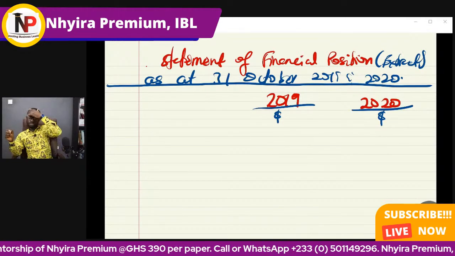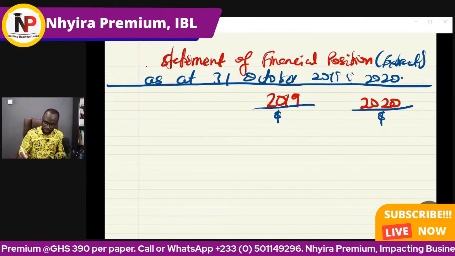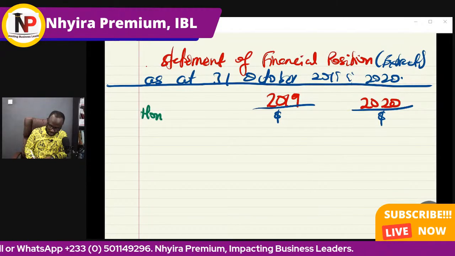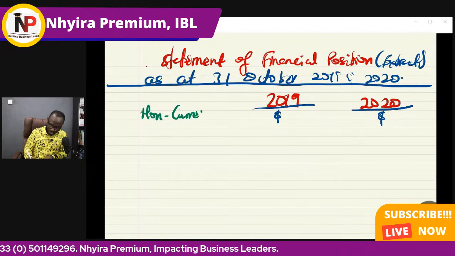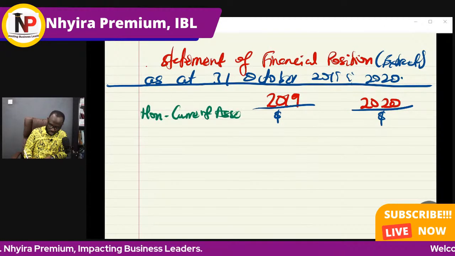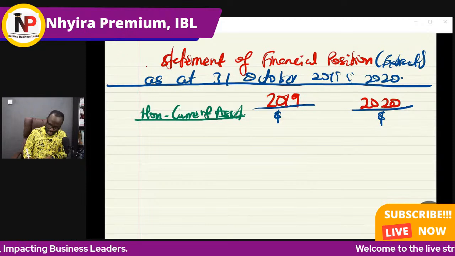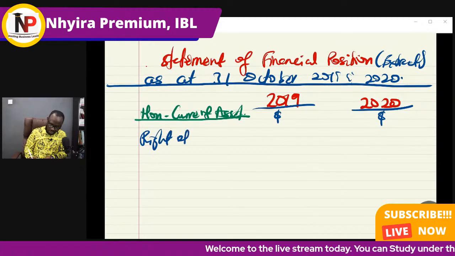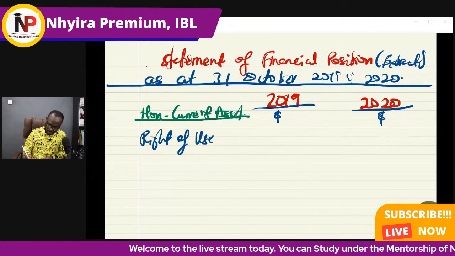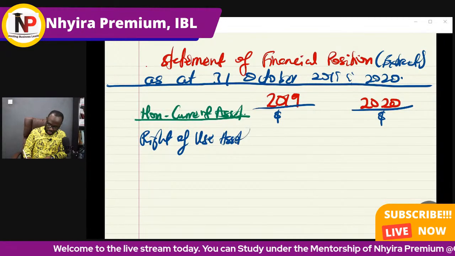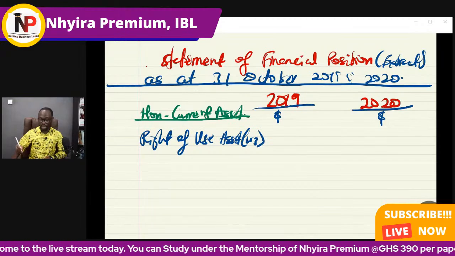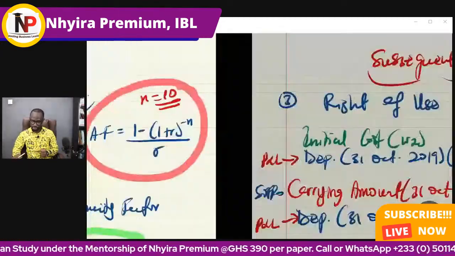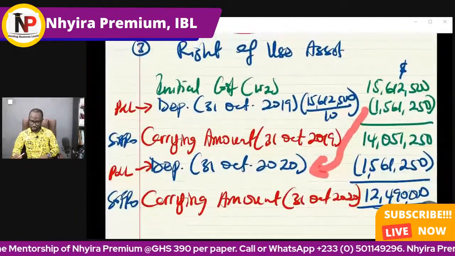So in the statement of financial position, among other things, we're going to be having non-current assets. Under that, we will have the right of use assets. And that is going to be coming from workings 3, the carrying amount. So we go to workings 3 here.